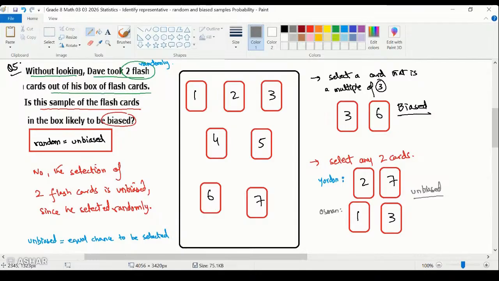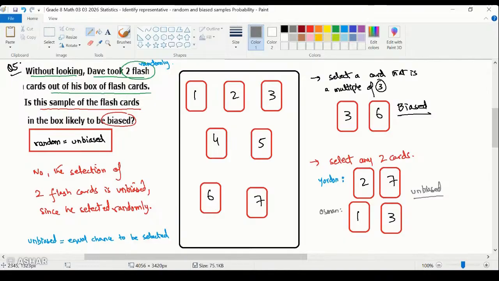I am not bounding you. In the first option, I did bound you that it has to be a multiple of 3. You cannot select any other cards than 3 and 6, right? I gave you a restriction. But if I tell you just select, pick any 2 cards, it could be any combination: 1 and 5, 6 and 3, 6 and 2, 4 and 7, any combination. That means unbiased, right?